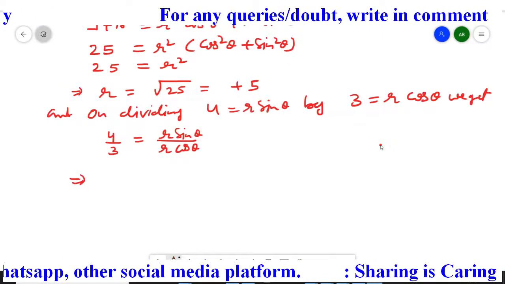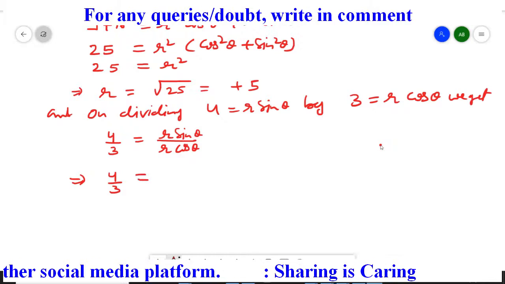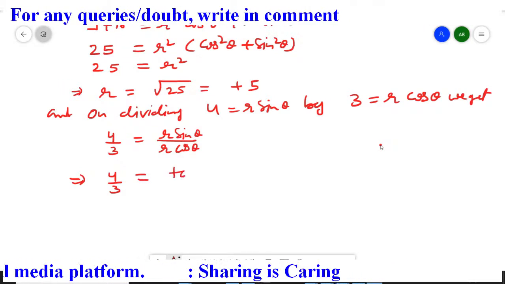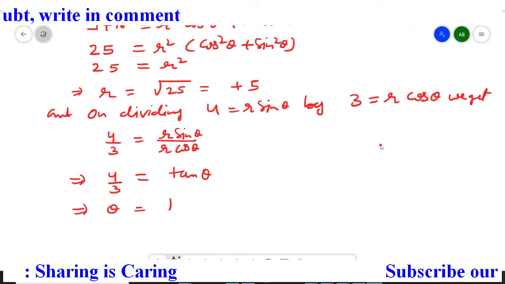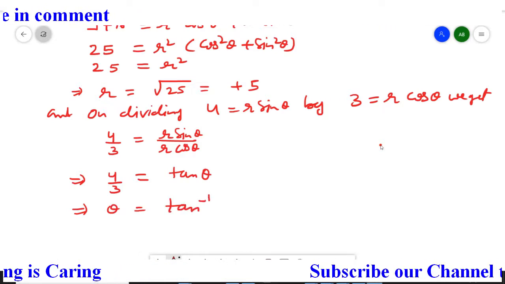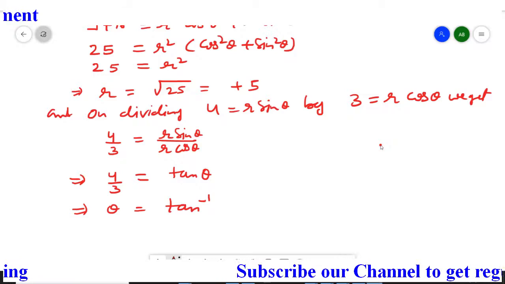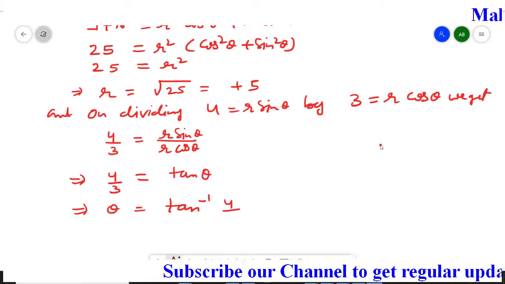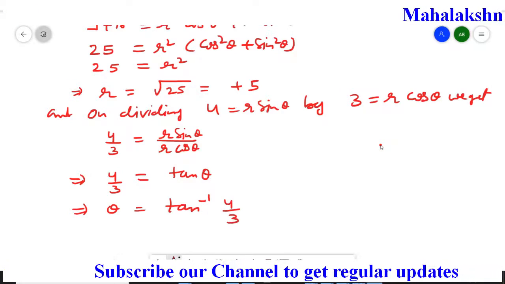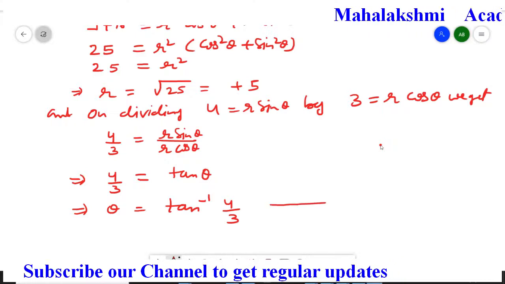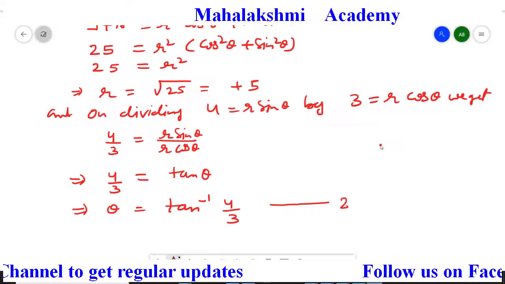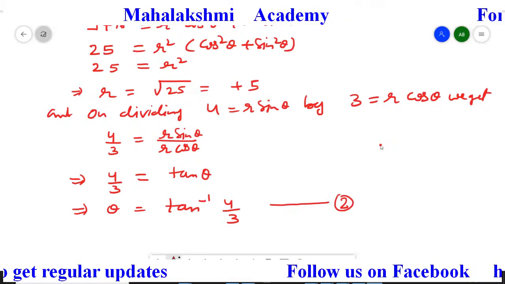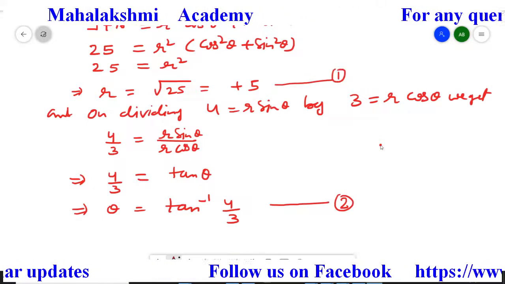That gives us 4 upon 3, and r will cancel by r, so we get only tan theta. That will give us theta is equal to tan inverse 4 upon 3. So this is going to be equation second here, and I am going to assume the earlier result as equation first.